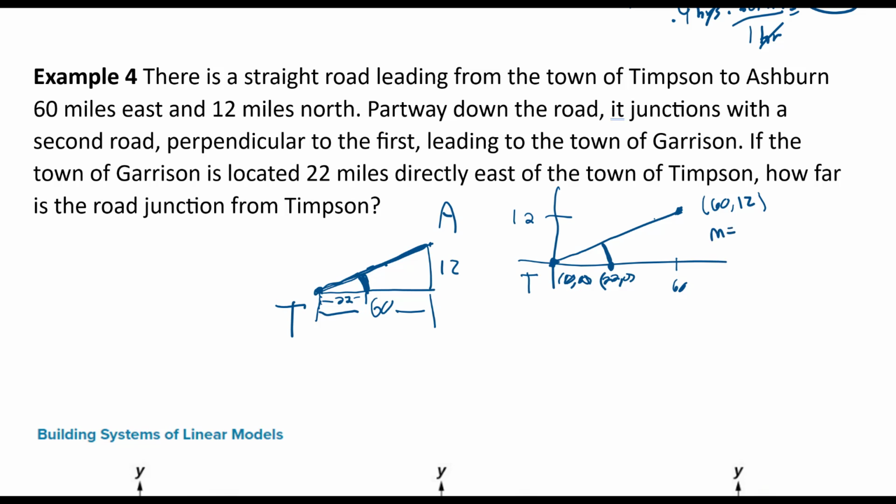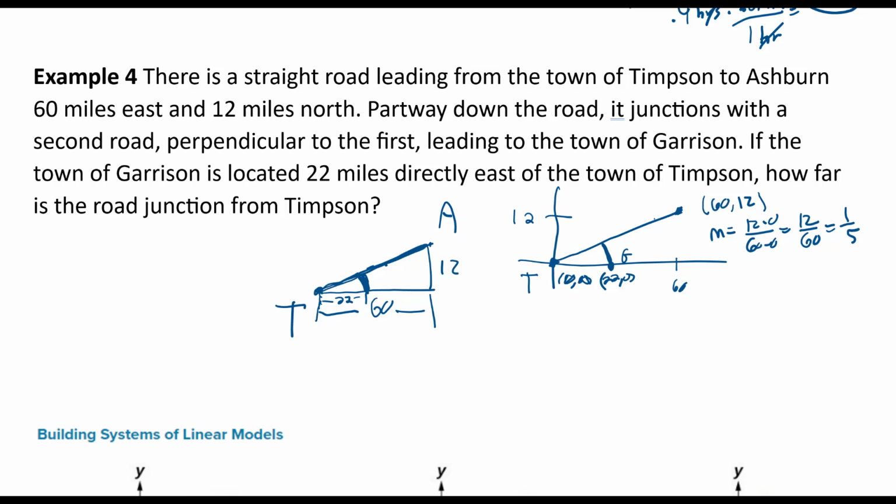Our slope is going to be 12 minus 0 over 60 minus 0, or 12 over 60, which is 1/5. I'm going to call this the Timpson Road. What's the other town called? Garrison.